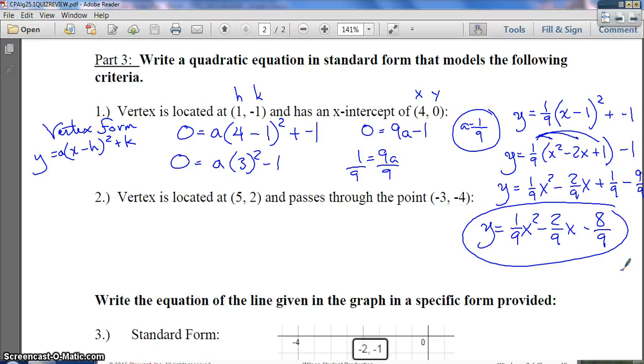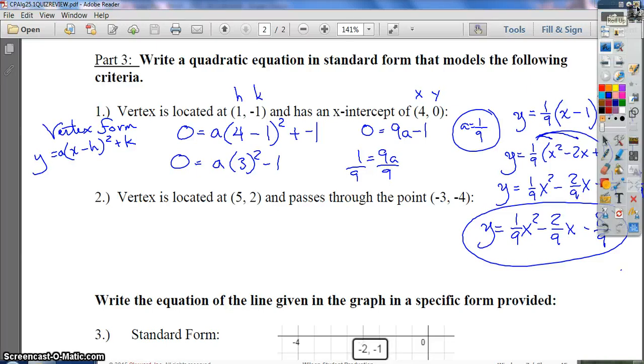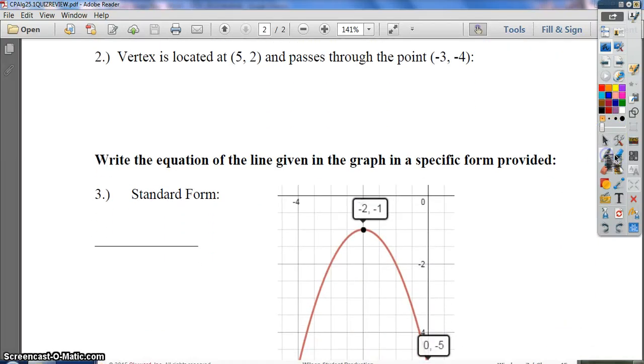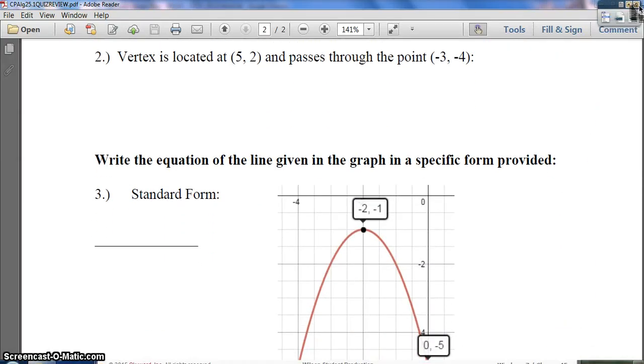Okay? I'm going to do the same thing for 2 here, but I'm going to shift my screen up. So let's start with, again, vertex form is y equals a times x minus h squared plus k. Remember, vertex h k, x y.